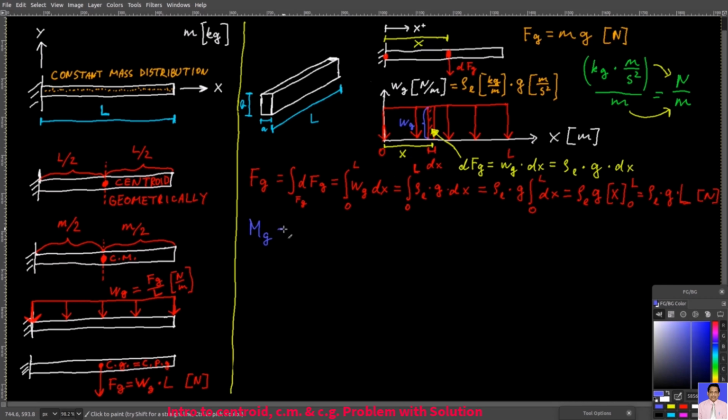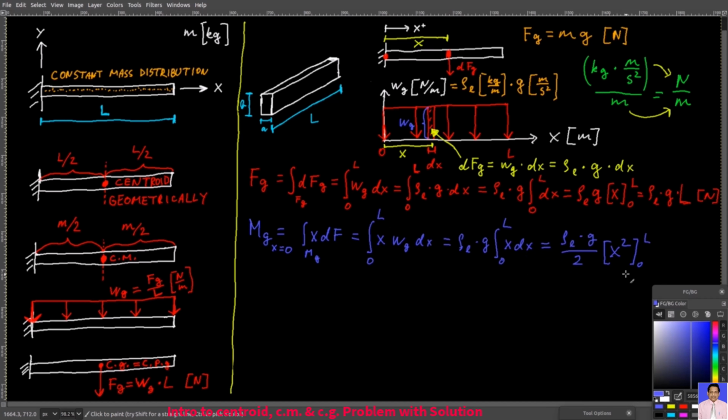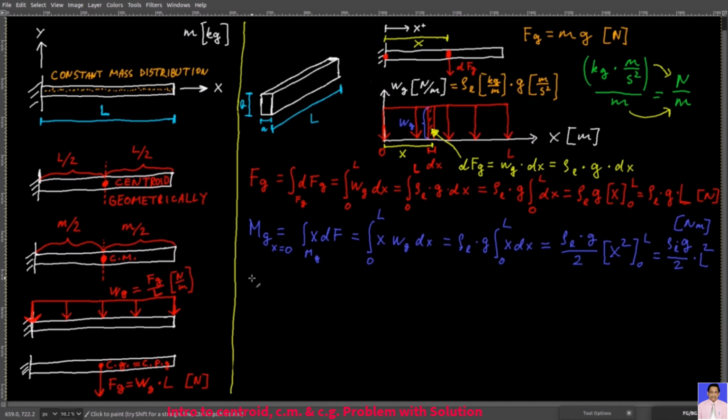And so this gravity moment about x equals 0 meters, it would be this integral, or you can write it in this form, or in this form, or in this form, and this will be your final result, which is in Newton meters.